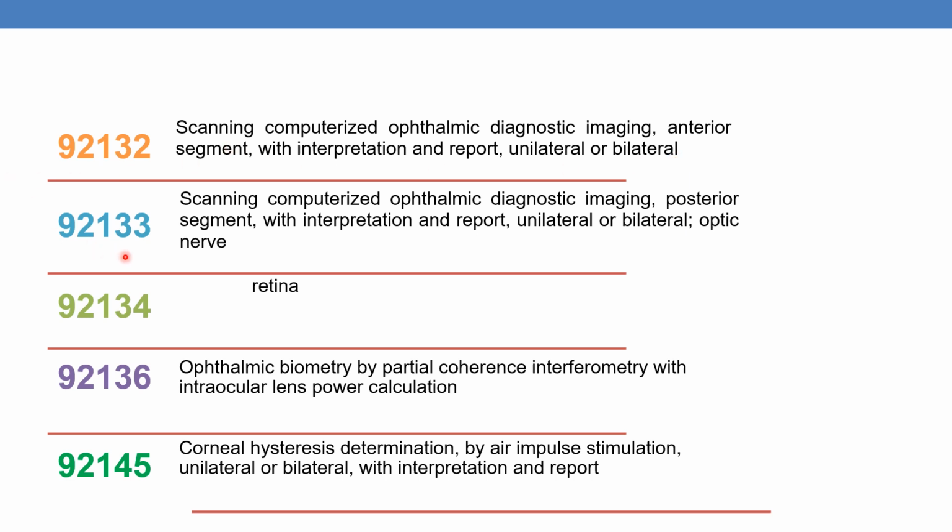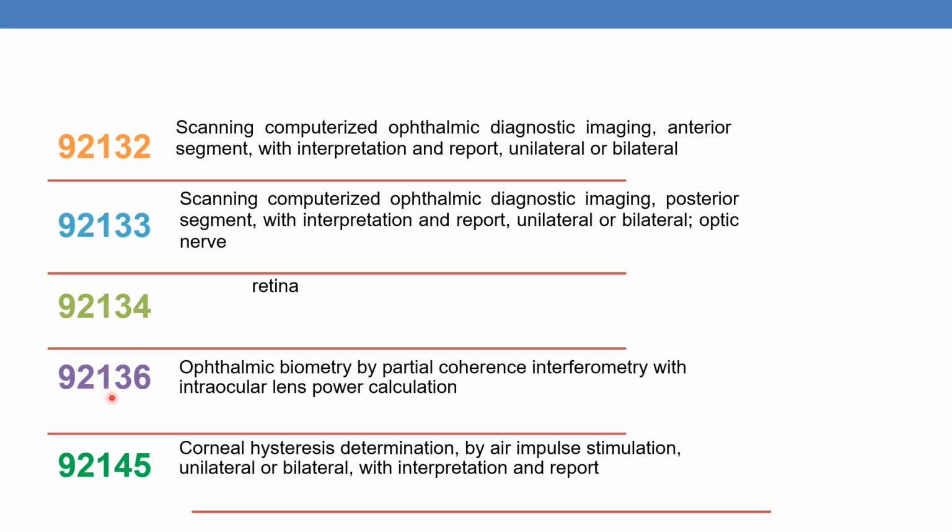The next is 92133, scanning computerized ophthalmic diagnostic imaging, posterior segment, with interpretation and report, unilateral or bilateral, optic nerve. And for scanning computerized ophthalmic diagnostic imaging of retina, you need to report 92134. For optic nerve, the CPT is 92133. And for retina, the CPT is 92134.